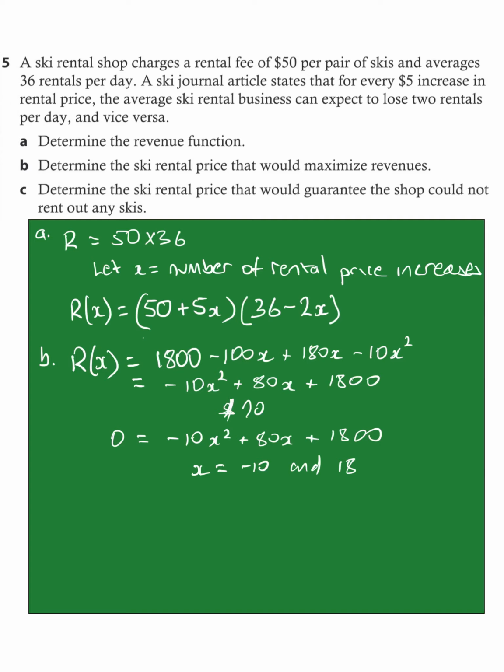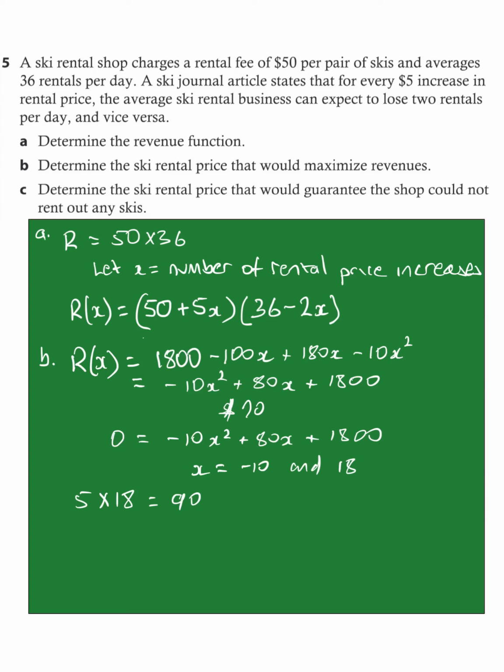It looks like we could have solved that by factorizing it as well. But minus 10 and 18, we'll take the positive number 18. That's the number of rental price increases. So 18 times 5 equals $90, and that's $90 on top of the 50.